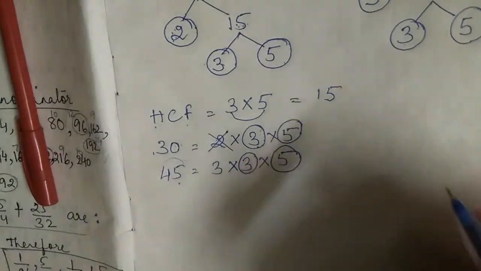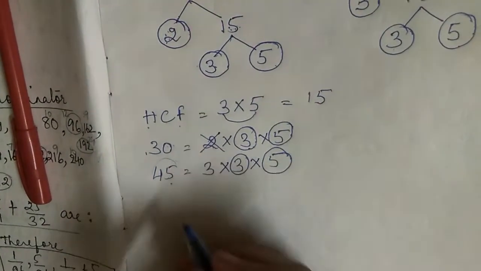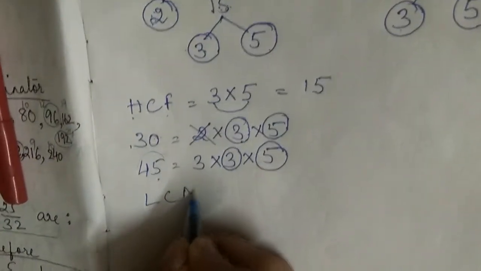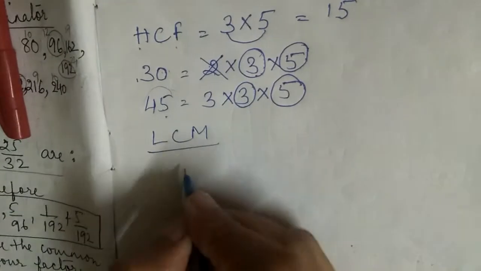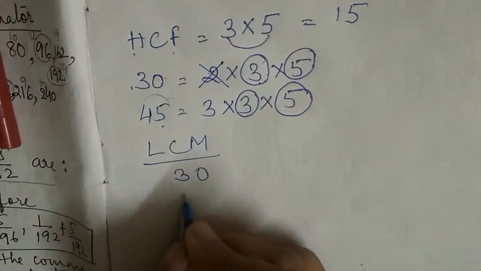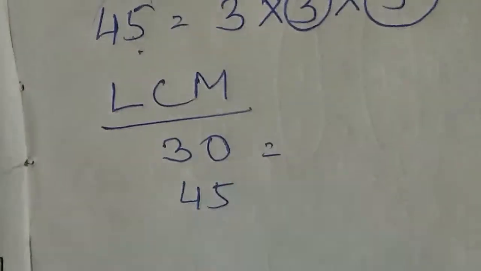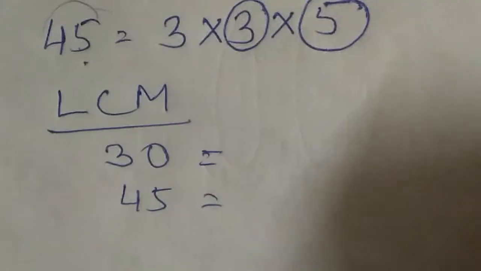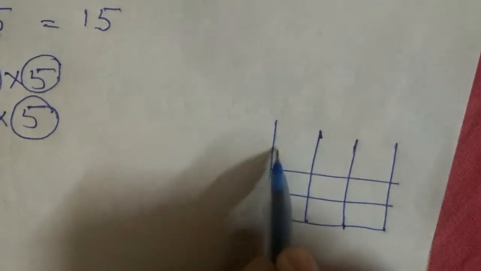Am I clear? In the same manner, for LCM, we again take 30 and 45. For this, you do one thing. I am preparing one format, and you will also prepare this format; it will be easier for you.